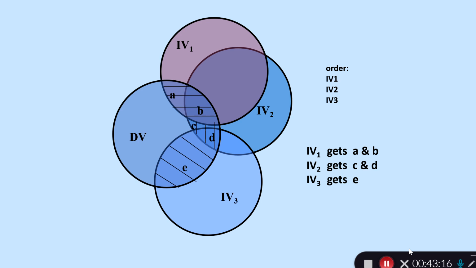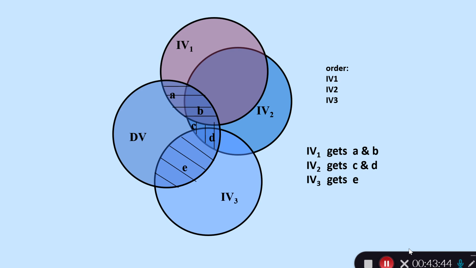And IV2 this time contributes the area represented by C and D, so it's getting more variance attributed to it, making a bigger contribution than when we did standard regression. And IV3 in this case contributes the area labelled E. So you can see how that's changed.